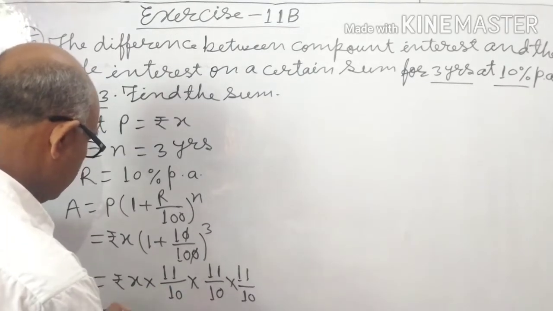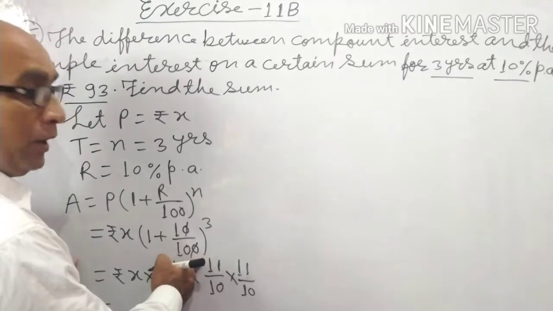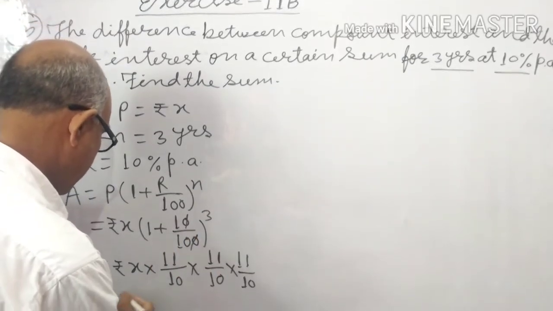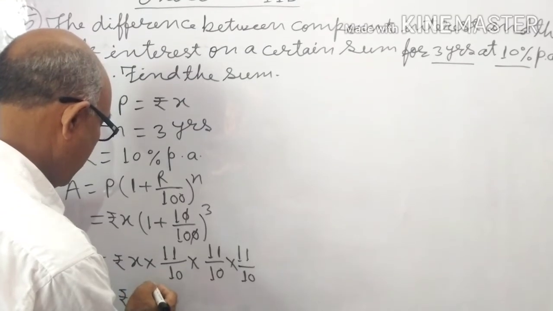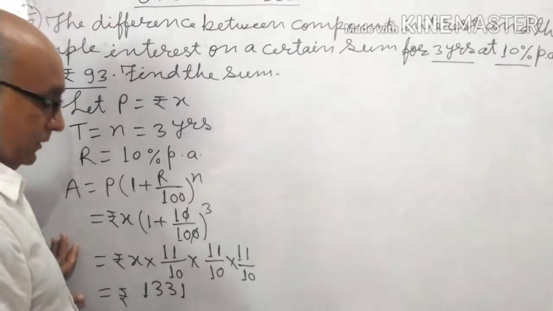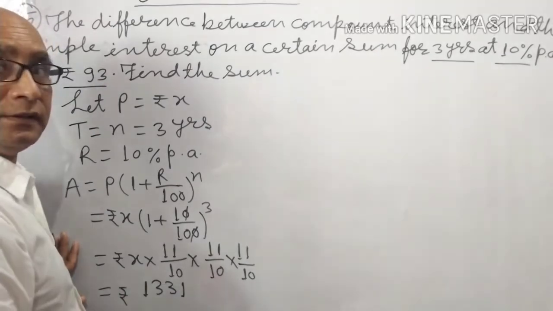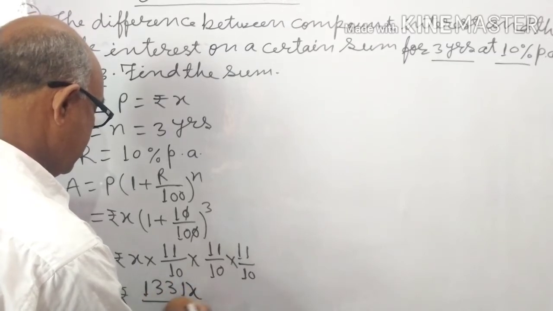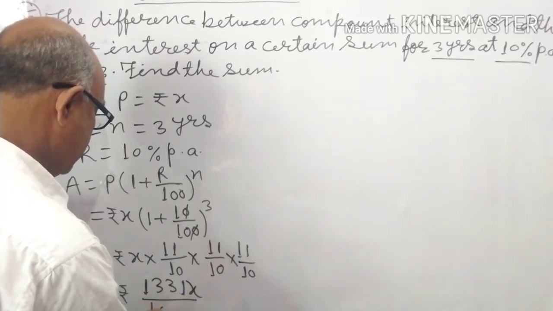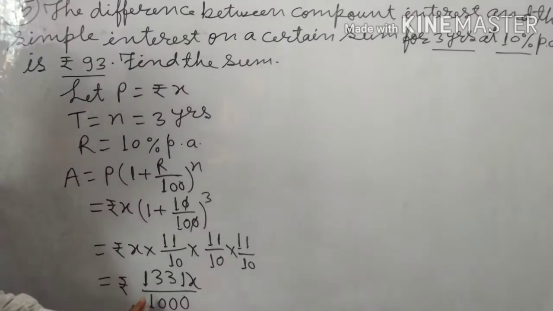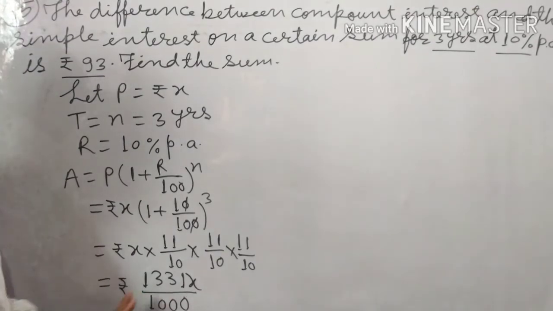Now 11 into 11, 121, 121 into 11 equal to rupees 1331X by 1000. 1331X by 1000.